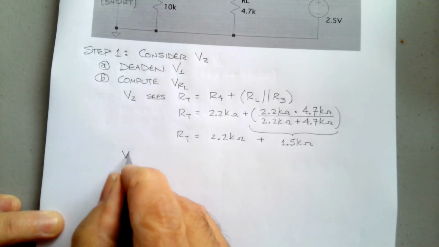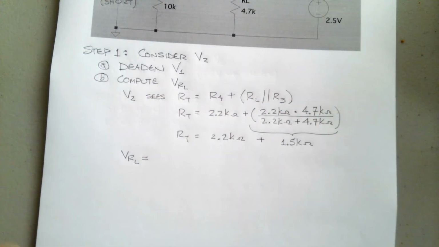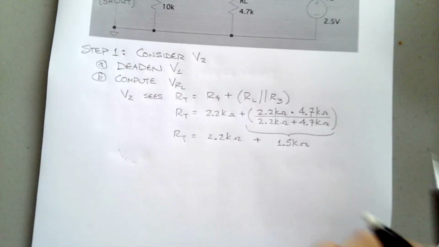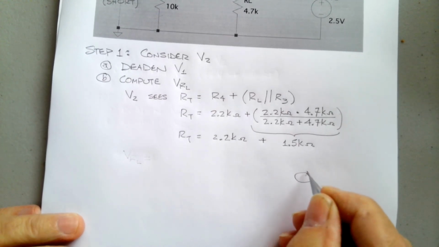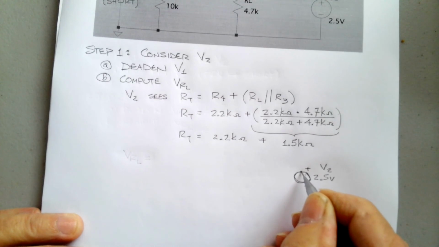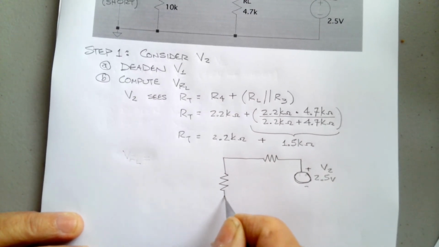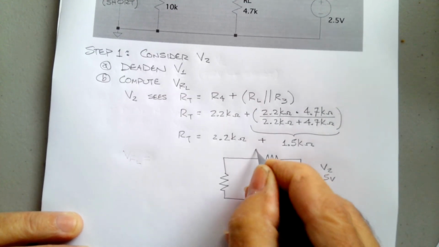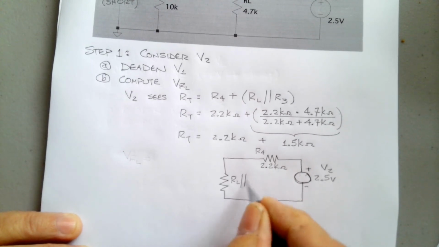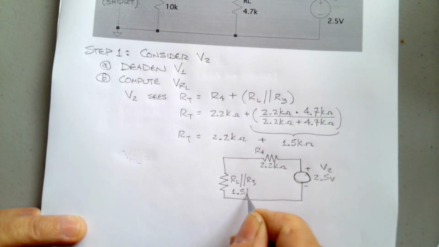So VRL in this case, using the voltage divider rule, I'm going to just say that what we have here now is V2 seeing R4, which is 2.2 k ohms, and here it's seeing RL in parallel with R3, and that's equal to 1.5 k ohms.